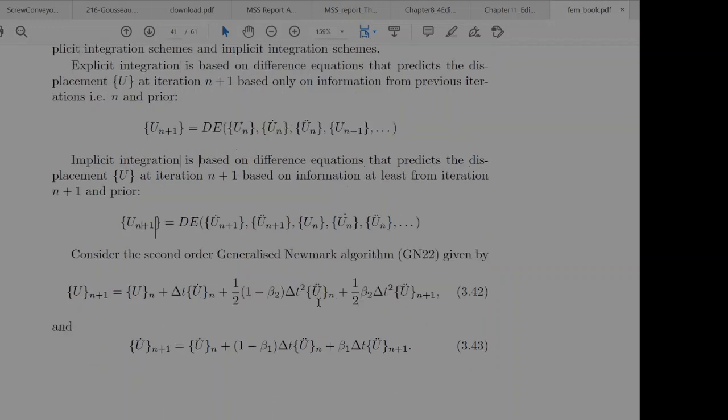Okay, and so we can generalize this, solving these two types of schemes in a single framework, which is very popular in finite elements. It's called the generalized Newmark algorithm, GN22. It's got parameters beta 1 and beta 2 I can choose, and by the choice I make there, I will have implicit or explicit schemes. So for instance, if you look at this first equation here, I've got u n plus 1.